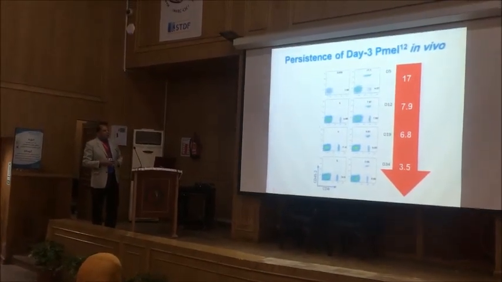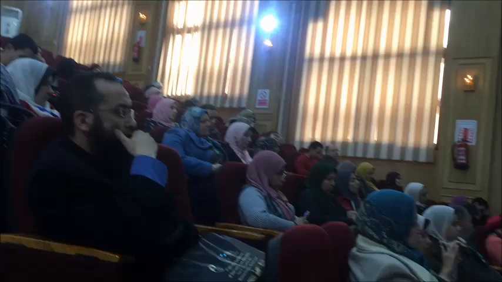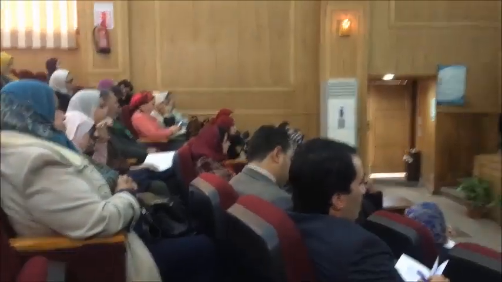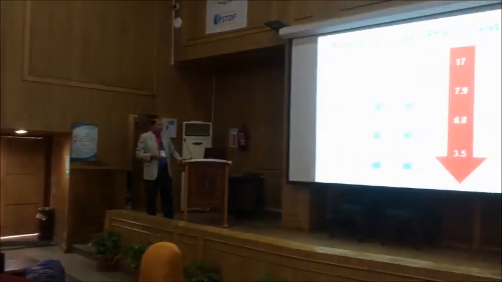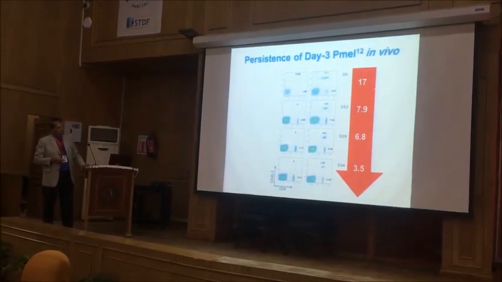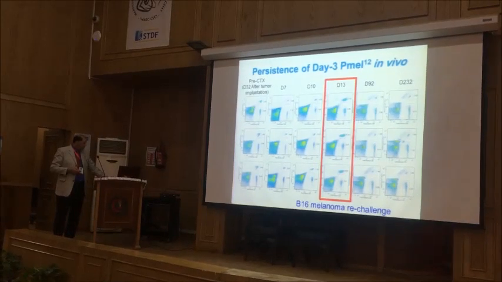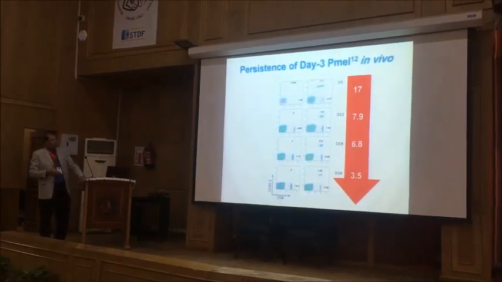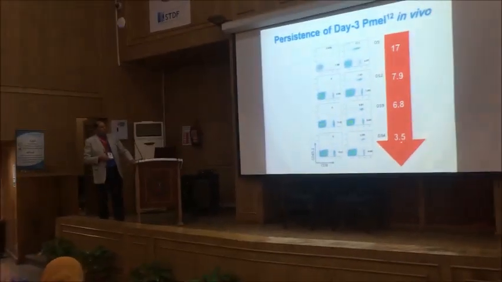Then we asked how long these cells can survive or persist in vivo. We took several organs: blood, nodes, liver, and spleen, of course. We looked at the number of these cells here, and as you can see, the number of cells decreased over time, but still at day 35 you can detect them.